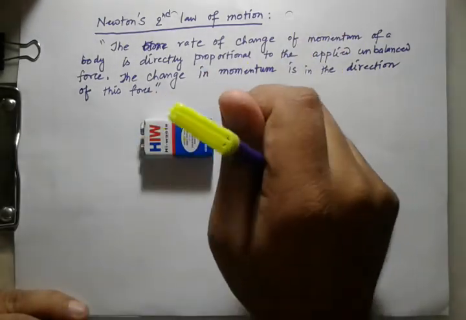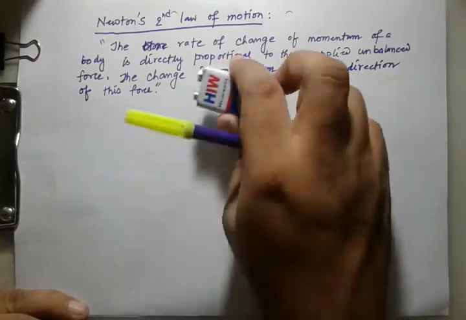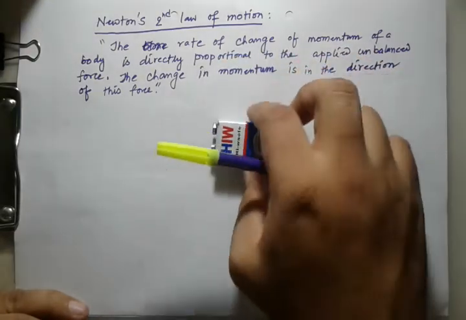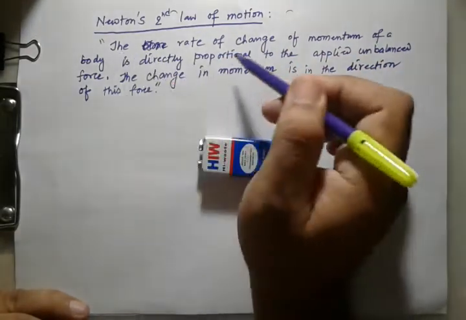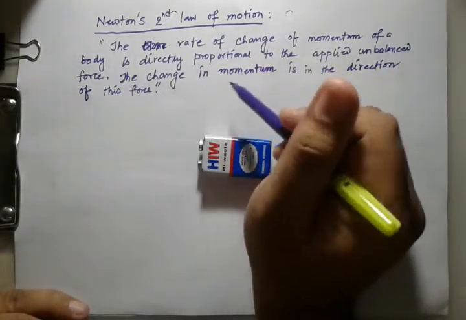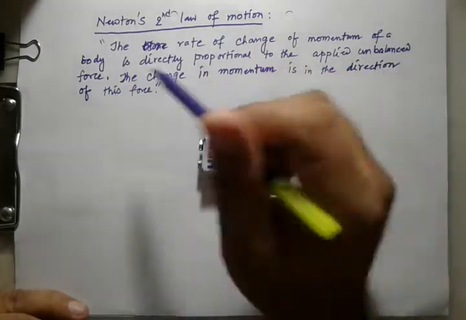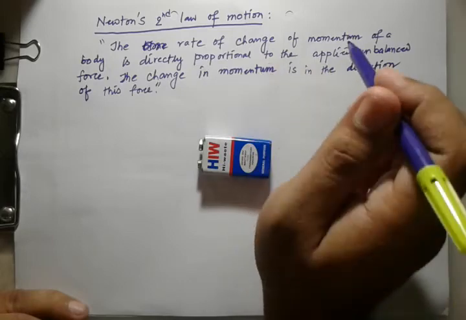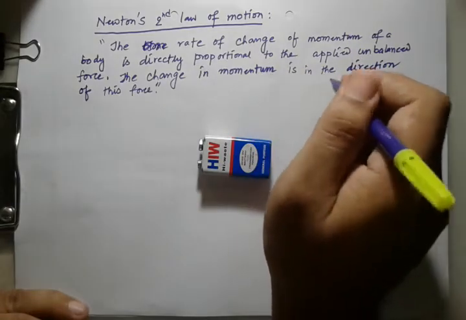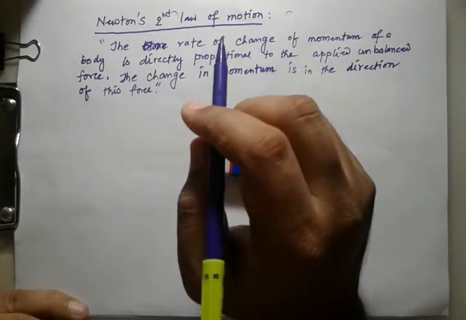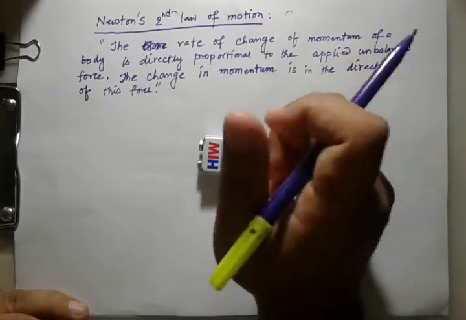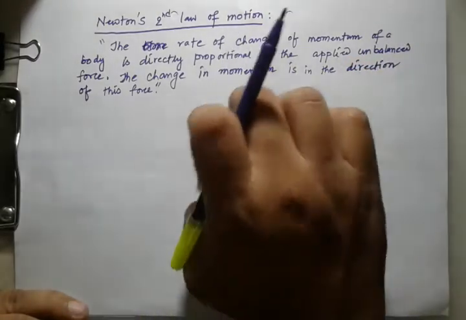That something is known as the force. That is the meaning of this law. I read one more time: the rate of change of momentum of a body is directly proportional to the applied unbalanced force. The change in momentum is in the direction of the applied force.